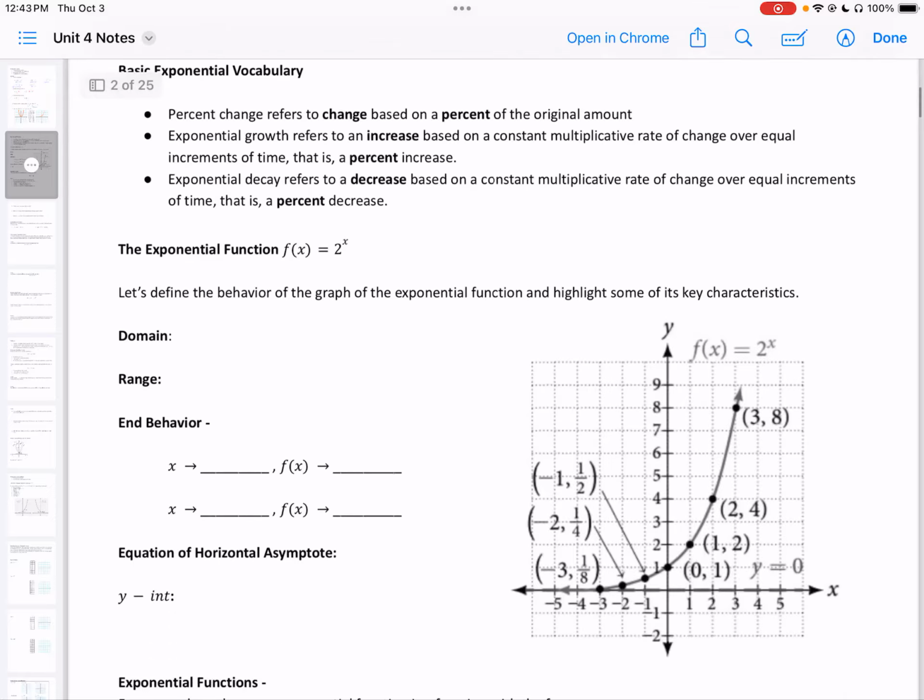The function itself in its most basic form can be written as 2 to the x. We can't use 1. 1 to the power of anything is not going to change, right? It's always just going to equal 1. So I always use 2. We can define the domain and the range for this function.